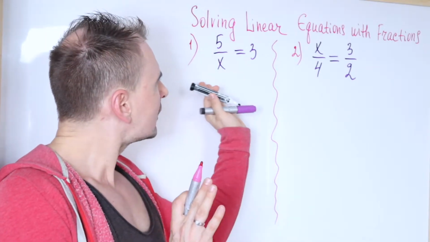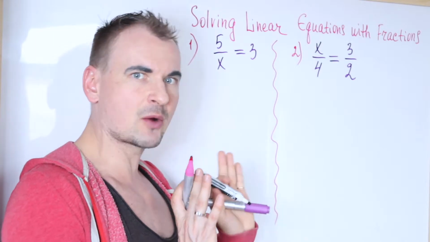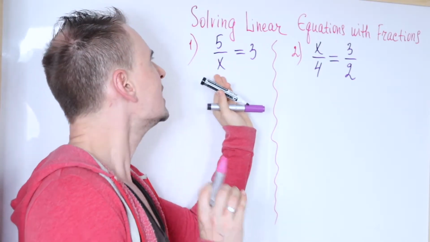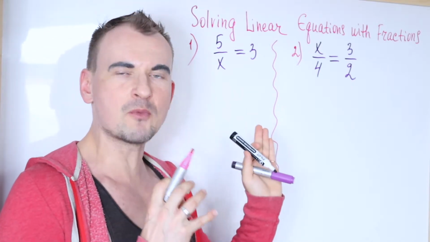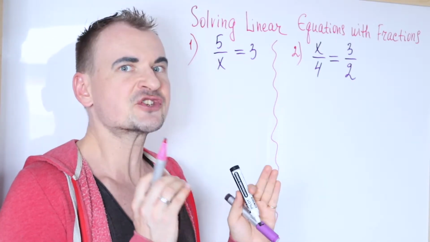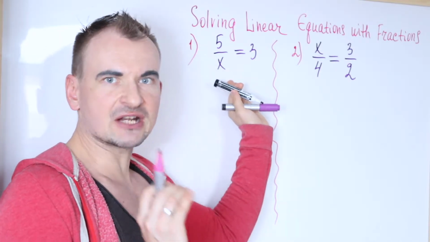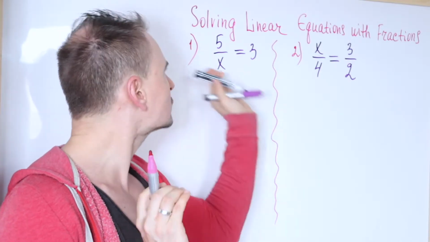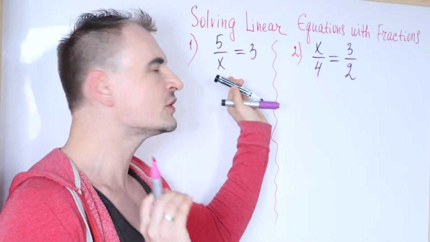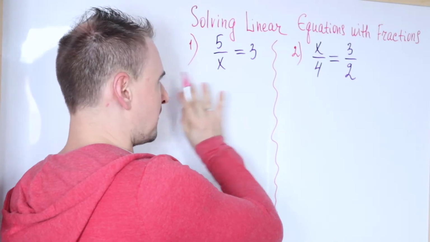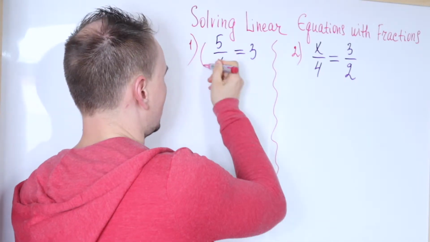Now, this looks a little bit awkward since your x for the first one happens to be in the bottom of your fraction. So you want to get rid of this fraction first of all. You want to clear off this fraction, and the way you would do that is you simply multiply by x both sides of your equation.